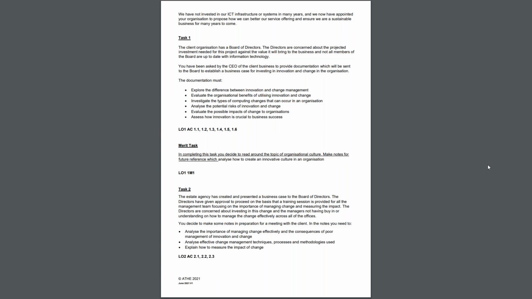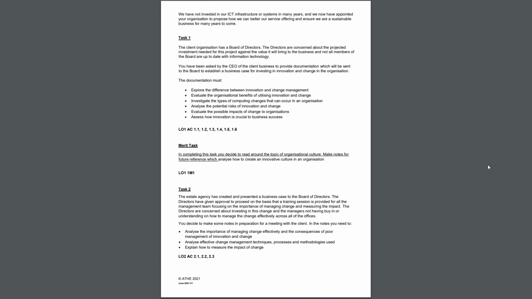The directors are concerned about investing in this change, and the managers not having an understanding of how to manage the change effectively across all the offices.